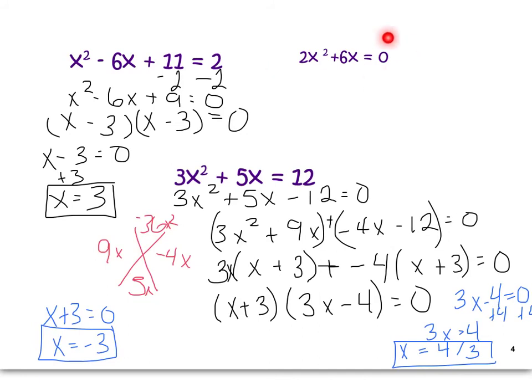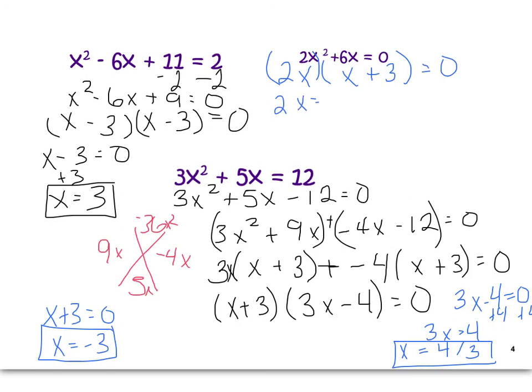Alright, now last but not least, this corner guy up here. Now even though you're not factoring quite like we did here, or here, you still do need to factor. And you guys have learned to factor out common monomials. So I'm going to take out a 2x, leaving me with x plus 3. Now we do the same thing here that we have been doing, pretending that each of these could be 0.